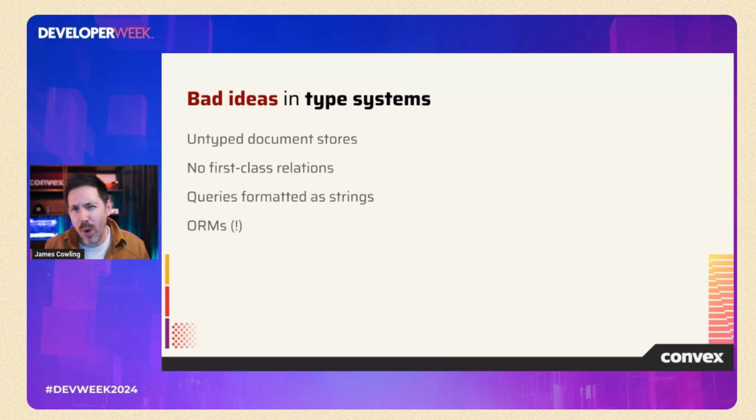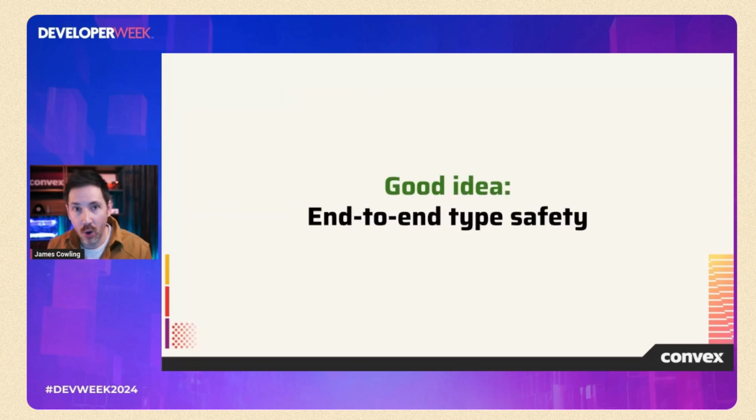But it's even true with way, way better ORMs like Prisma, which is really quite good in many ways, but it's just a layer on top of someone else's database at the end of the day. There's no true end-to-end type safety between what the developer's writing in the client application and what's actually getting read or written from the database.